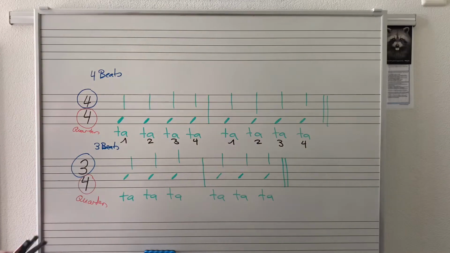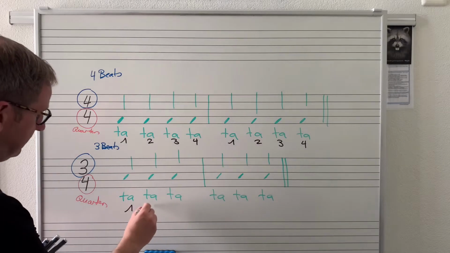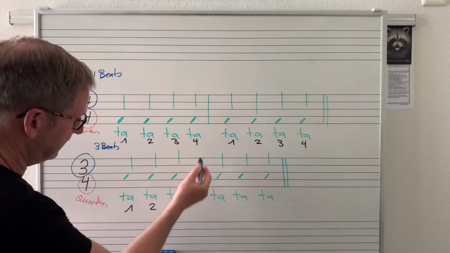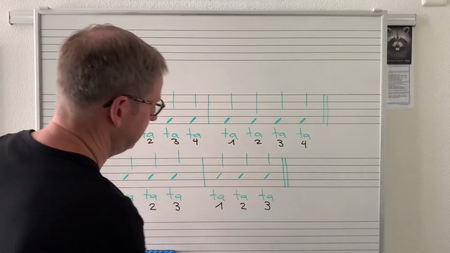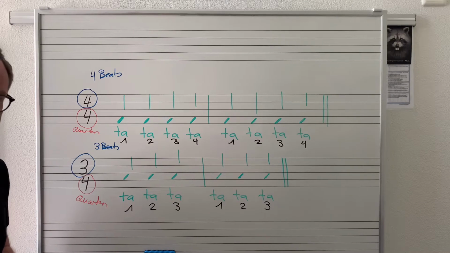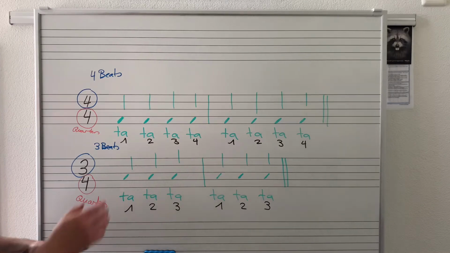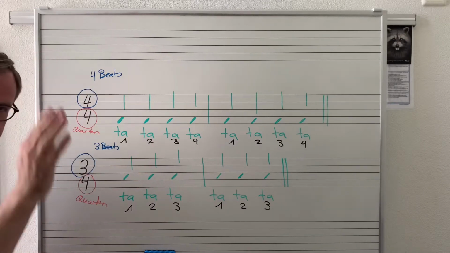And here, because we have a 3 quarter bar type, it's 1, 2, 3, and then comes the bar line. Again, 1, 2, 3. That's the first thing you have to know and understand.